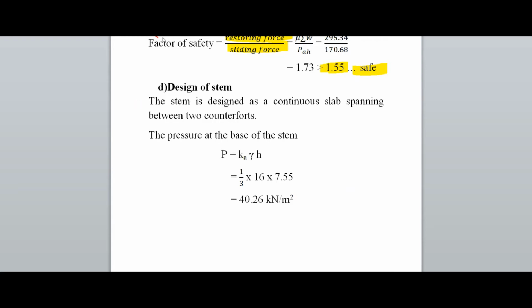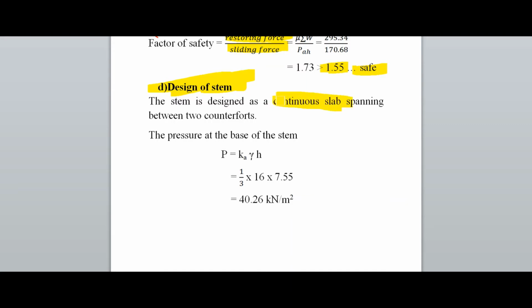First thing we do in the example, remember the steps here. We found the dimension of the retaining wall, right? Then after we checked the retaining wall dimension for safety, and we found the retaining wall is safe, so we are going to design the stem, right? The stem is designed as a continuous slab.